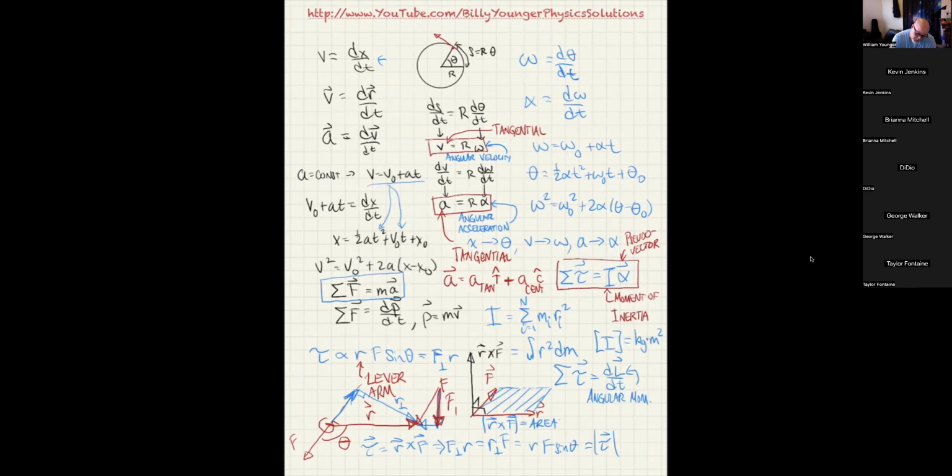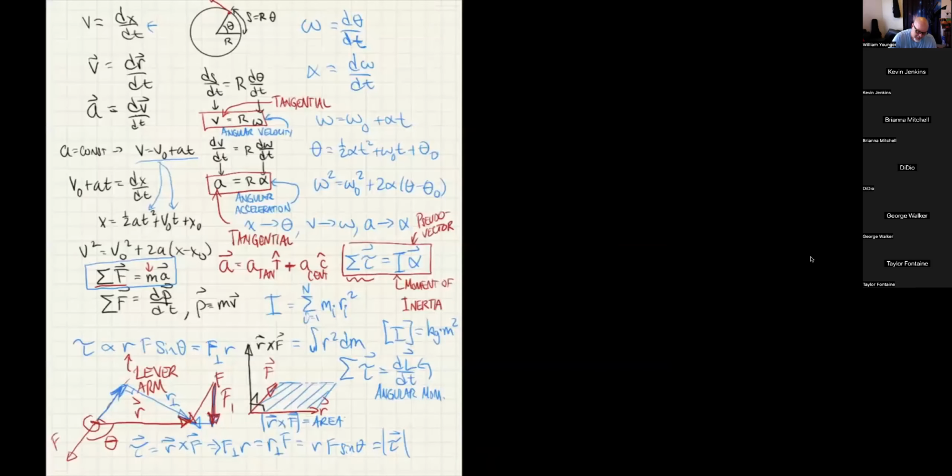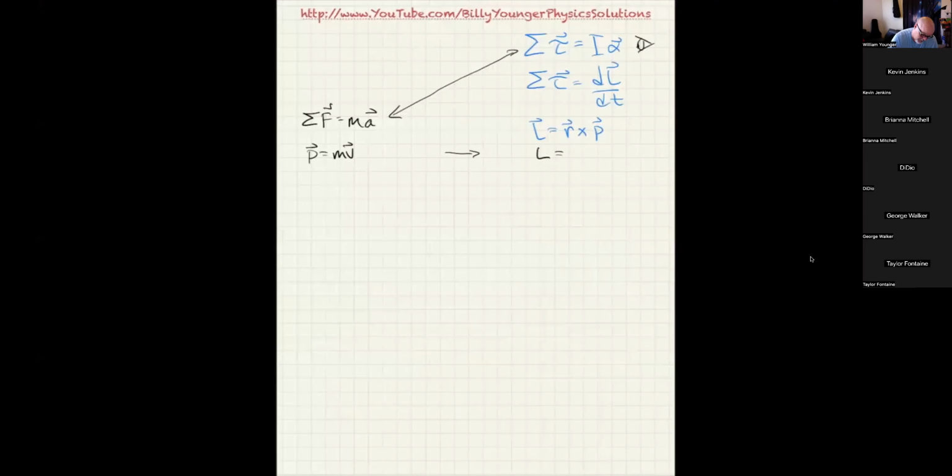So we see this side is just like this side. What's equivalent to mass right there? Inertia. There you go. So when we look at this, we should expect M to be replaced with I.